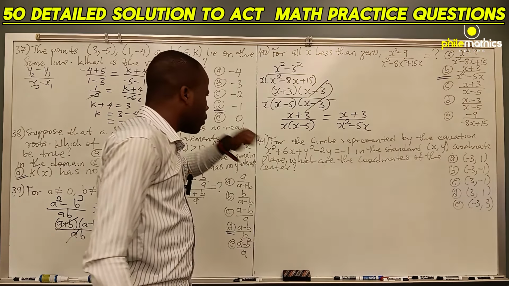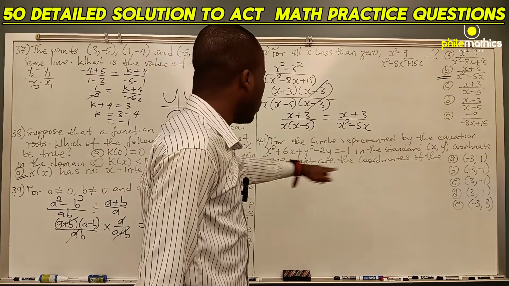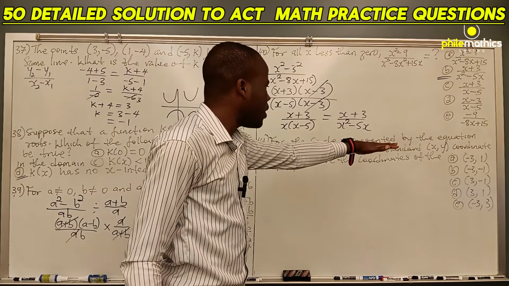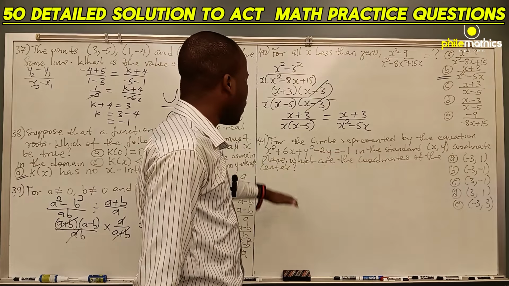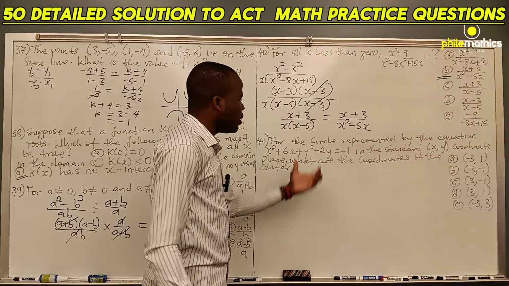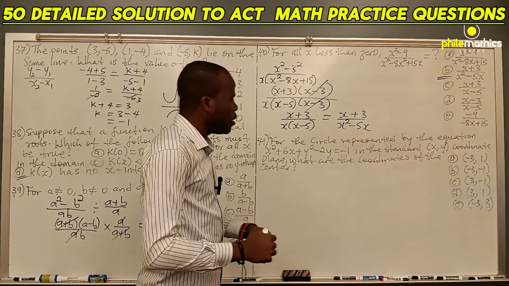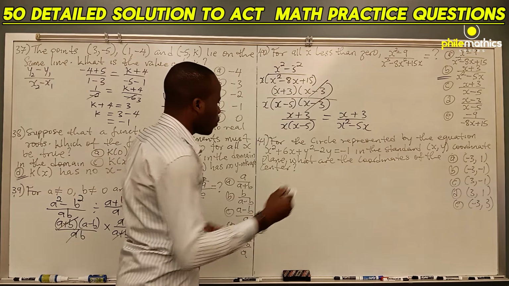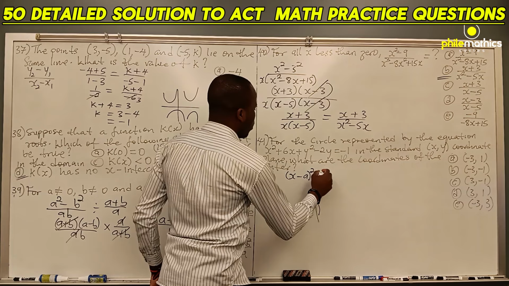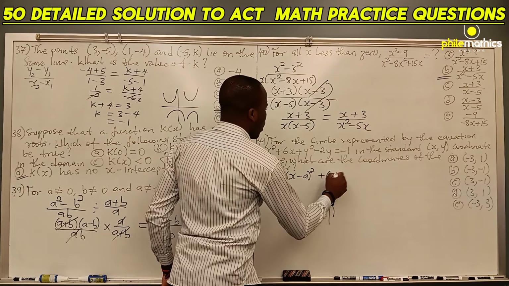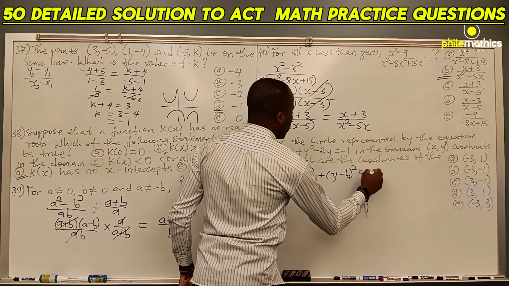Question 41 says, for the circle represented by this equation in the standard coordinate plane, what are the coordinates of the center? So we need to put this in the standard equation of a circle, which is x minus a all squared plus y minus b all squared equals r squared.